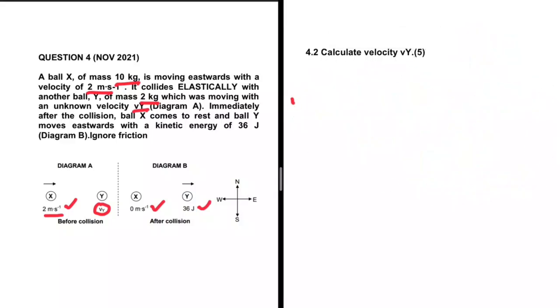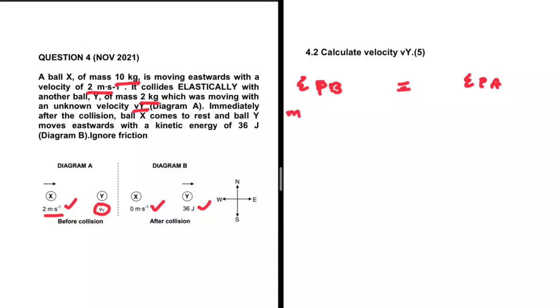So what am I proposing now? I'm proposing that we can easily say that the sum of the momentum before the collision should be equal to the sum of the momentum after the collision. Our objects are separate before the collision and still separate after the collision.